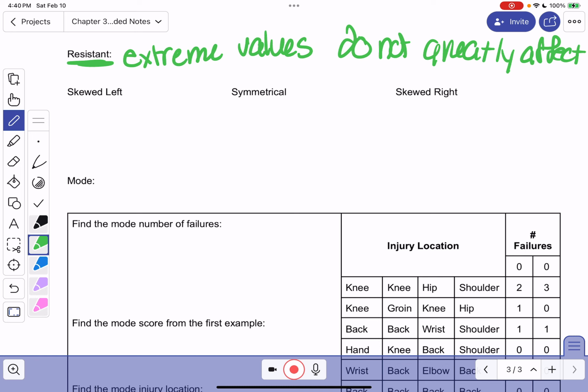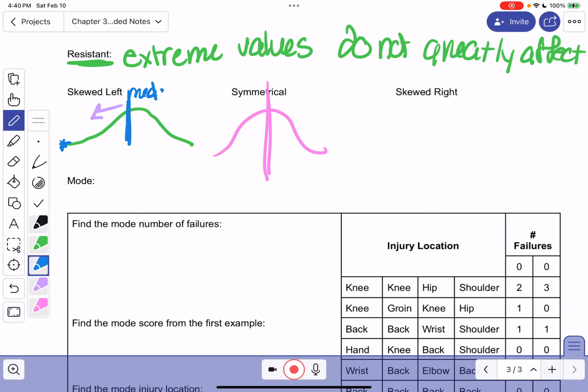A skewed left graph looks like this. So maybe the mean is right here, or the median's right there in the middle. This value is going to pull the mean down, because if it's way far down, it's going to pull it down. If it's symmetrical, the mean and the median are the same.